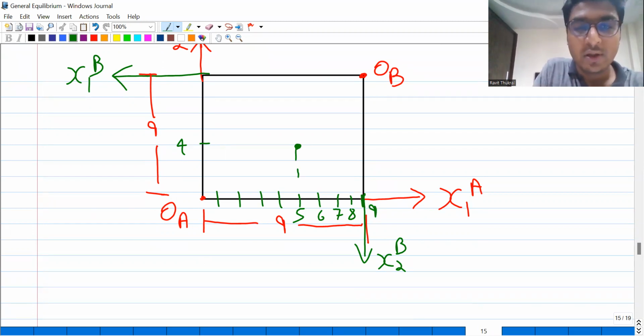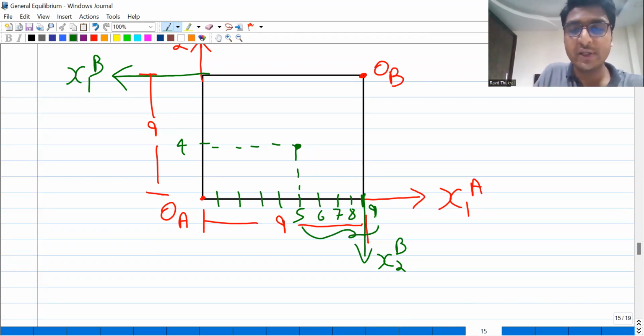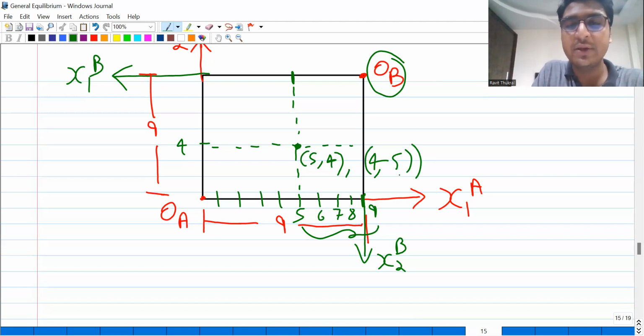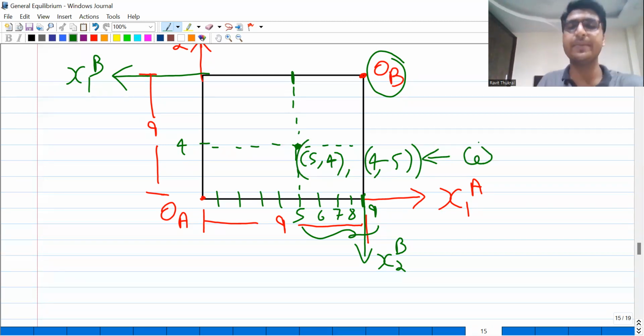Okay. So 5, 4. Then obviously between 5 and 9 we are left with 4 units. So automatically it will be 4 units of good 1 available to individual B. And accordingly 5 units will be left of good 2 with consumer B. So this point is 5,4 for individual A and 4,5 for individual B. That's your omega.